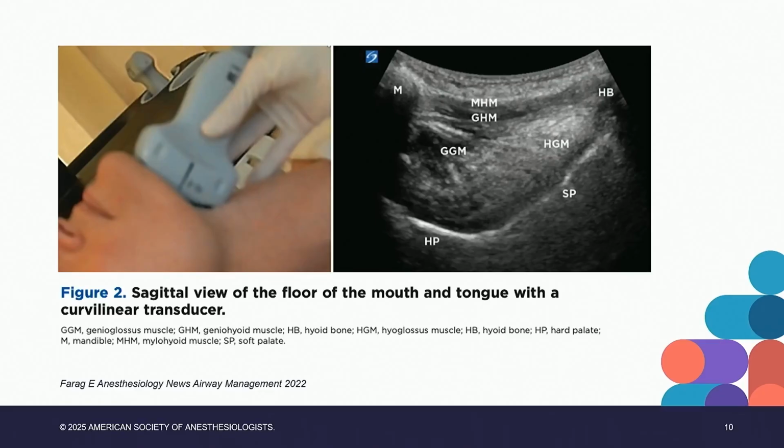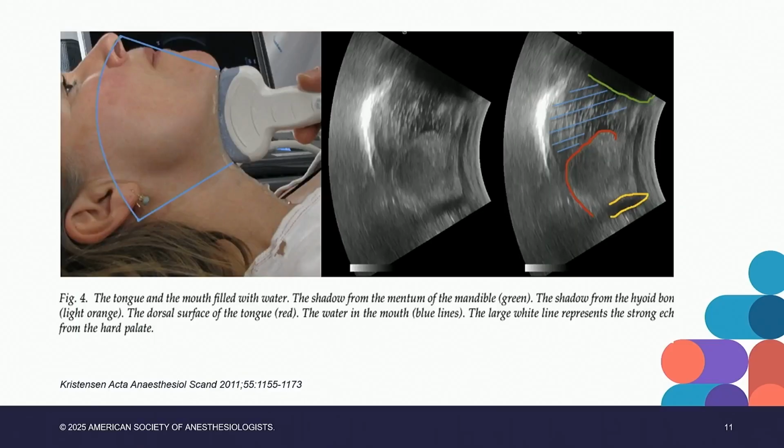You can also, if you let the patient swallow a little bit of water, push the tongue a little bit and you can get better visualization of the hard palate and the soft palate and also the hyoid bone and the mandible. When I do the workshop for that, it is a very easy view, and no one failed to get these views.